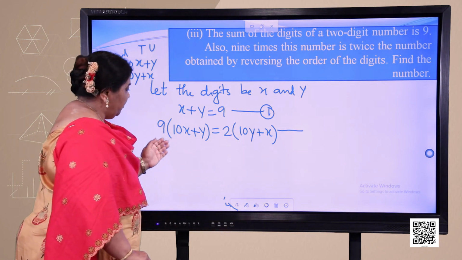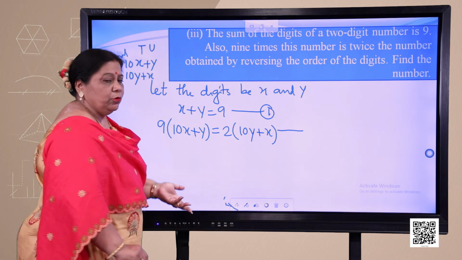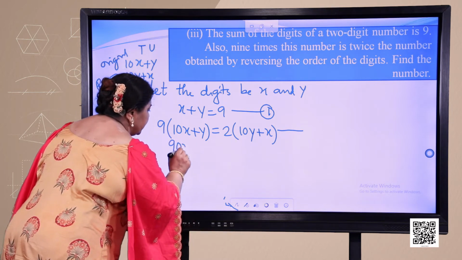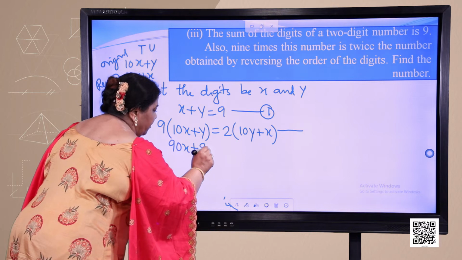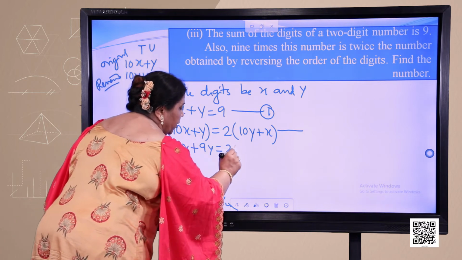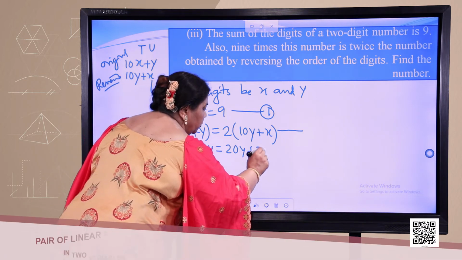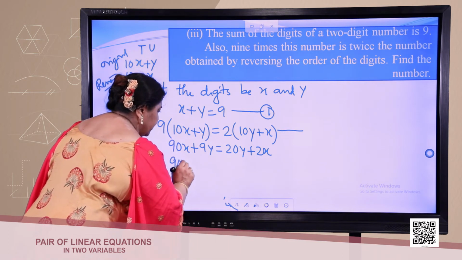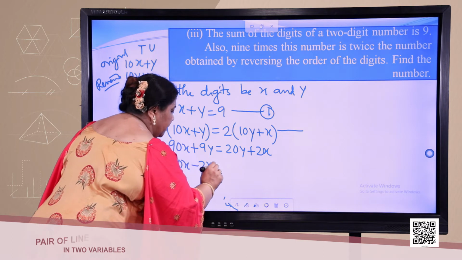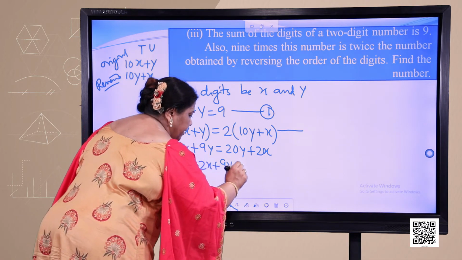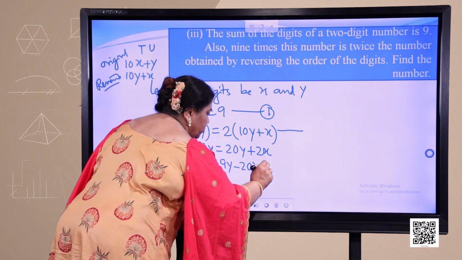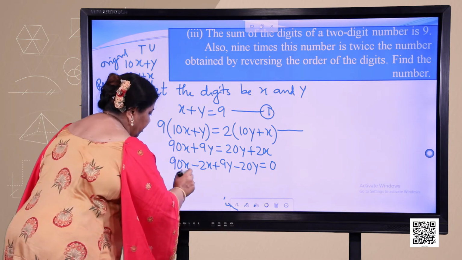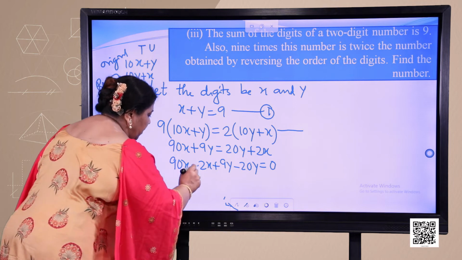Now, let us simplify the second equation and then use elimination method. 9 into 10 is 90x plus 9y is equal to 20y plus 2x. On rearranging, 90x minus 2x plus 9y minus 20y is equal to 0. Just observe, same variables. What is 90 minus 2?